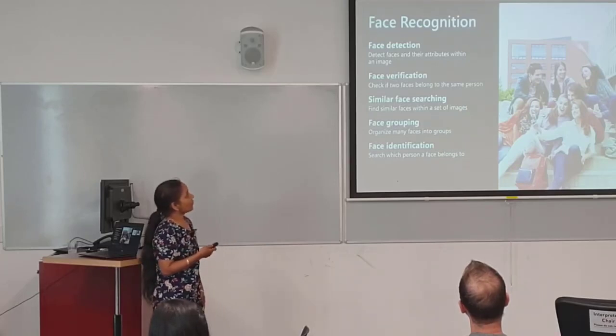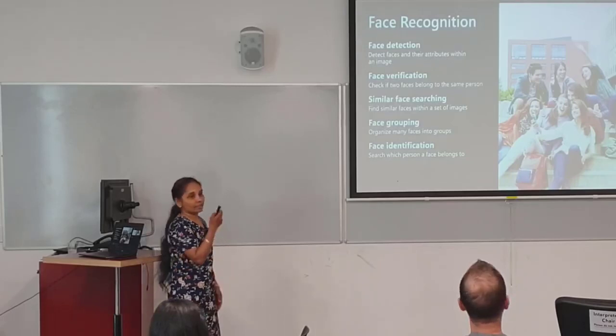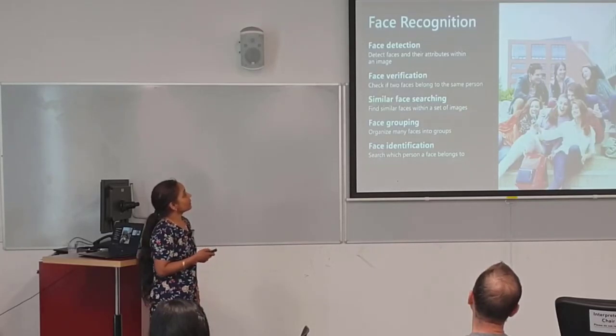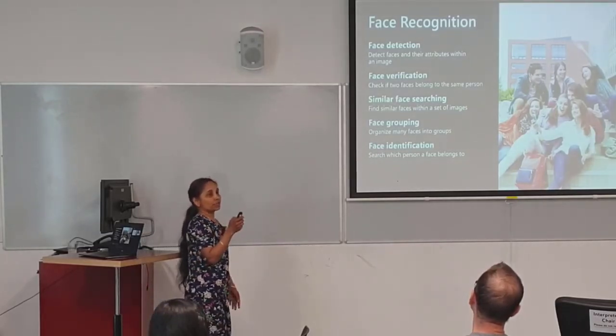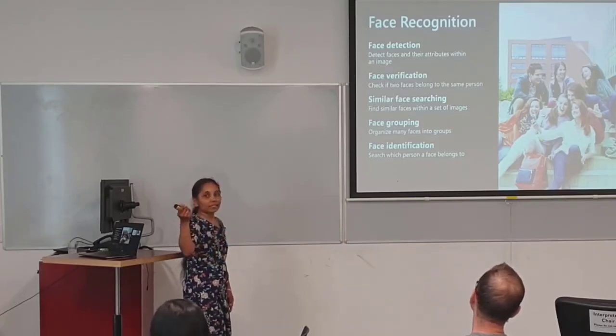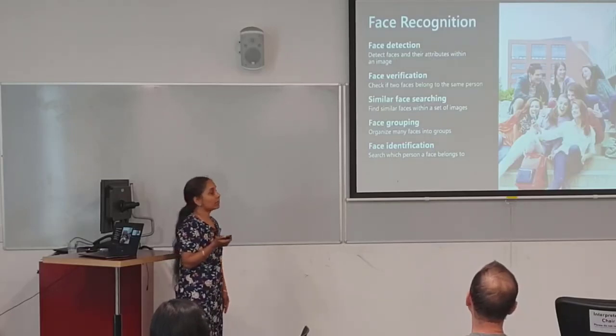Face verification: if there are two similar faces, it verifies and says that they are two similar faces. And also grouping and face identification. Sometimes on Facebook you see, shall I tag this with, and then it suggests the name. That's the face identification part of the API.